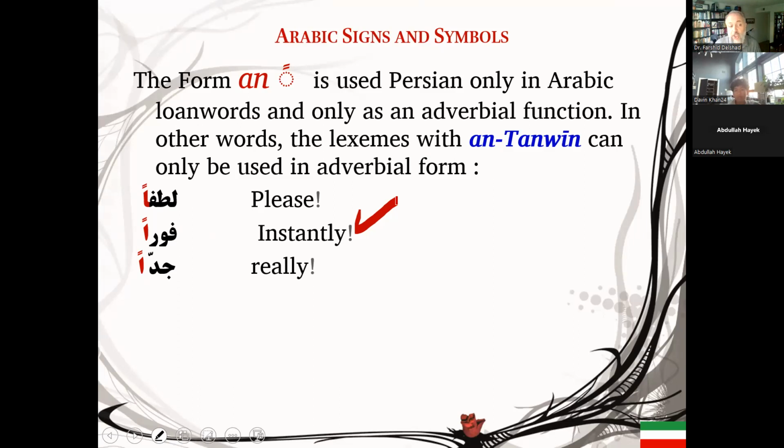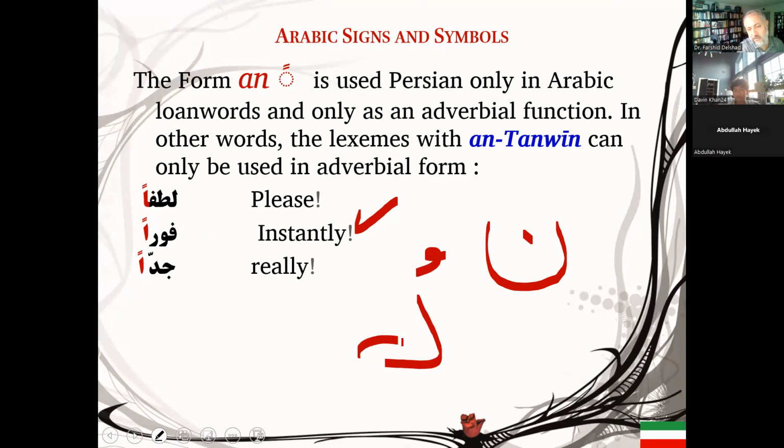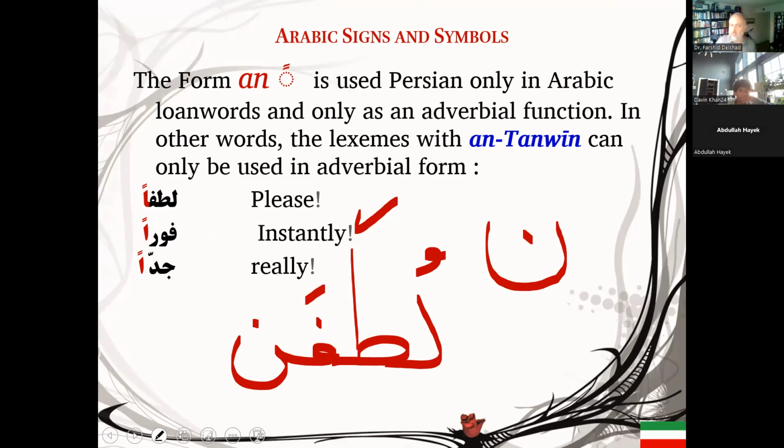Now, the pronunciation, what's the problem with the pronunciation? In fact, you don't see a nun here. There is not a notation of a nun here, but there is a pronunciation of nun here. It means lutfan will be pronounced word by word like that: lutfan. That is the pronunciation, not the way we write.